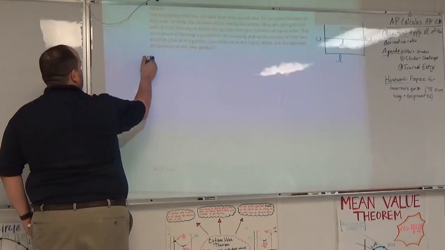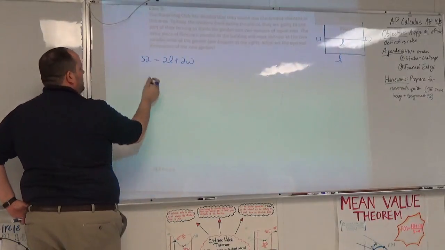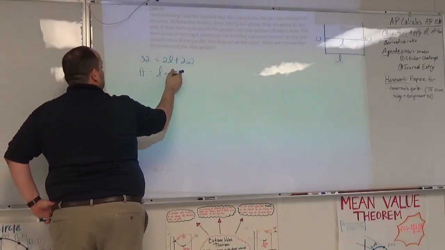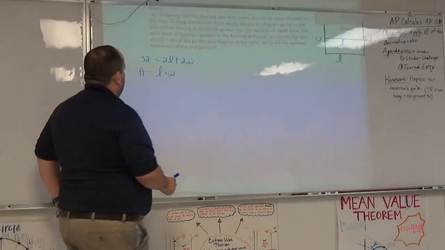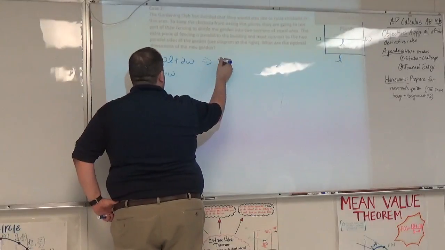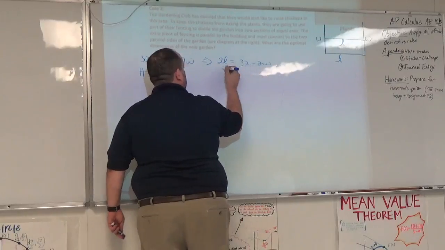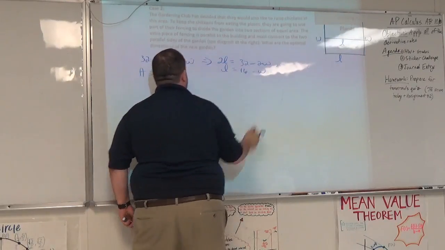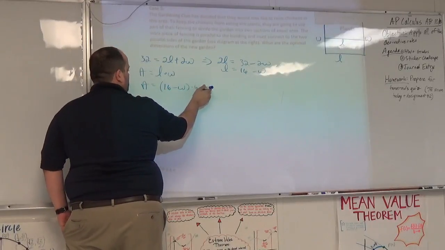My constraint should be 32 equals 2L plus W. My area is length times W, right? If I solve this equation, you're going to get 2L equals 32 minus 2W. L equals 16 minus W. So your area is 16 minus W times W.